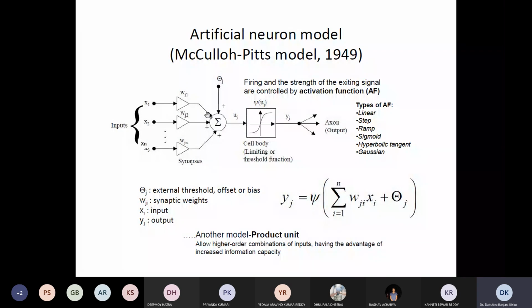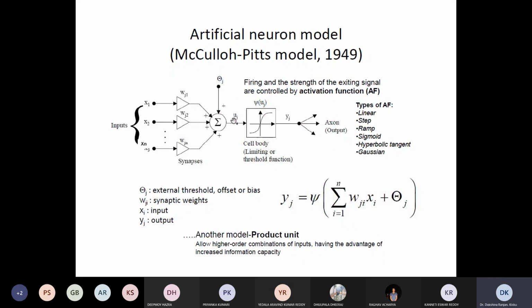Here we are talking about a single neuron. This McCulloch-Pitts model is basically built on a single neuron, which is provided with n number of inputs, and this theta j is nothing but the bias or offset. This sigma represents the aggregation of weighted inputs, and it provides the linear combination of inputs and weights.